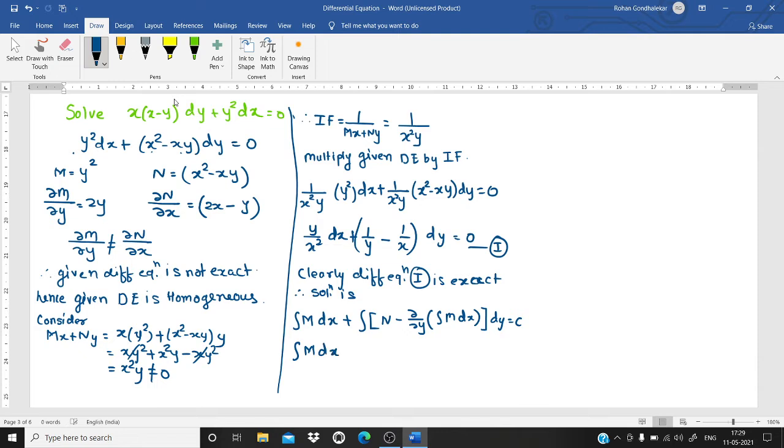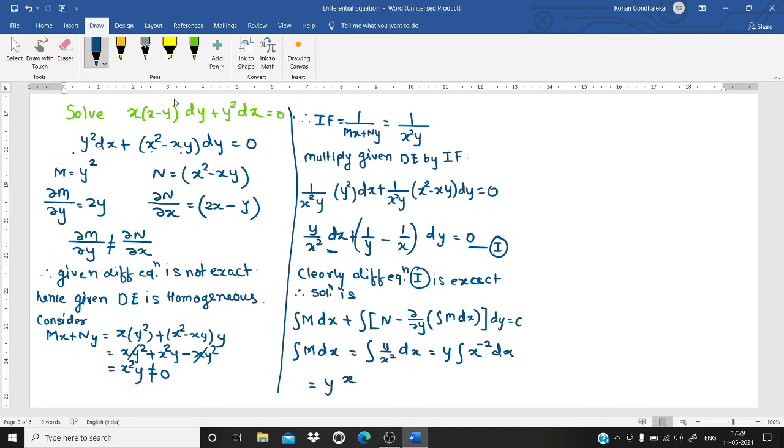What is integral M dx? It is integral of M. M is nothing but, in the new differential equation, look at the multiple of dx, that is y upon x square dx. What is its integral? The y will be outside. And what is the integration of 1 upon x square? Which can be written as x raised to minus 2 dx. So it equals y as it is.